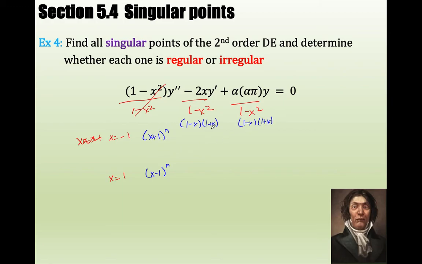So I see x plus 1 to the first power in front of y prime. And I see x minus 1, or just the negative of it, but still only to the first power. So both of these are regular, yes? And all others are ordinary.